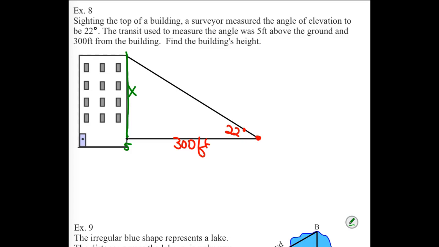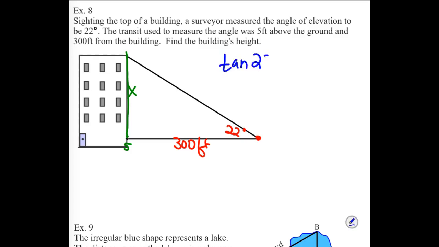Which trig function, if we're using angle 22, which sides are we given? And which trig function makes sense? We have an opposite side that we've labeled x, and we have an adjacent. Opposite and adjacent uses tangent. So we're going to set it up with a tangent.